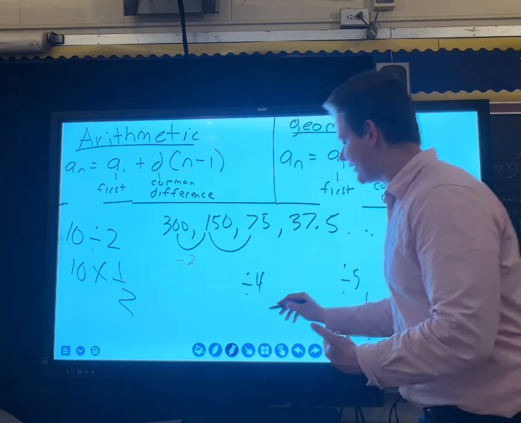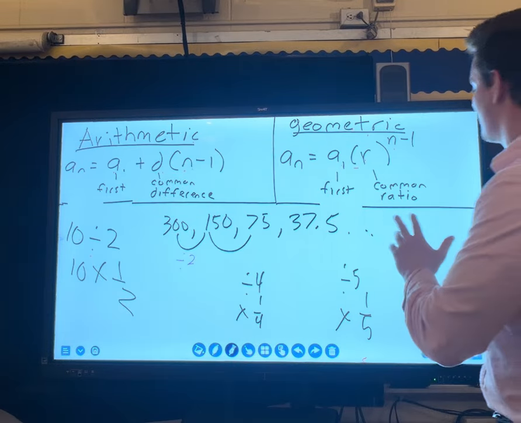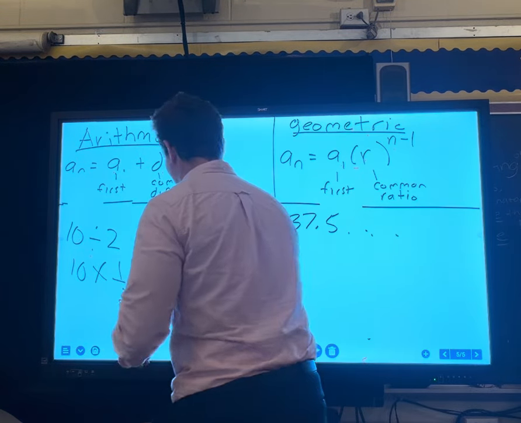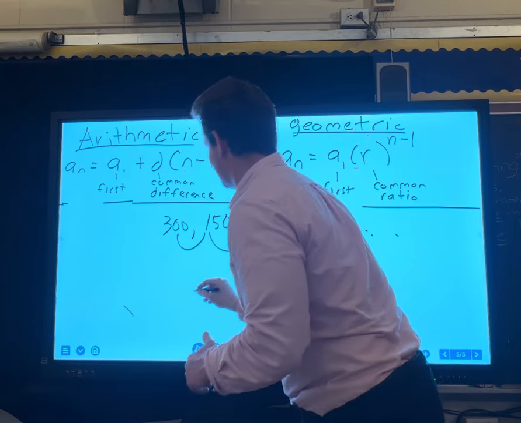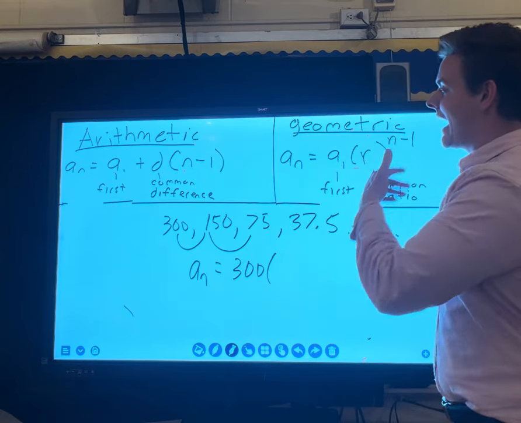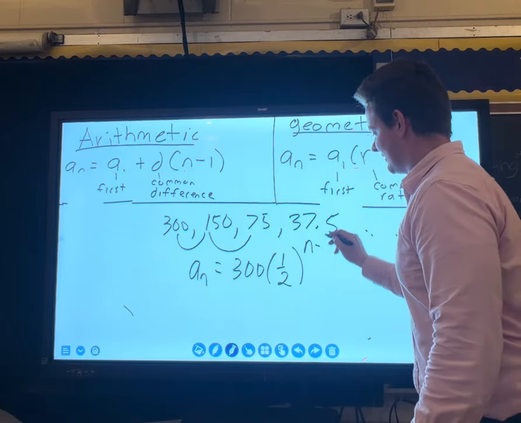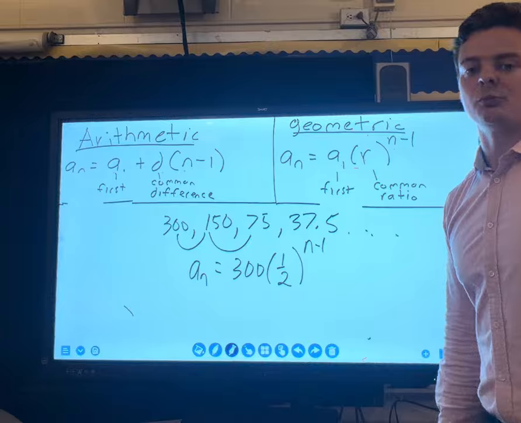Dividing by 4 is the same thing as multiplying by 1/4. So if I know that, I can write my formula as a(n) is my first term, and then I'm multiplying by 1/2. And since it's geometric, it's n minus 1.